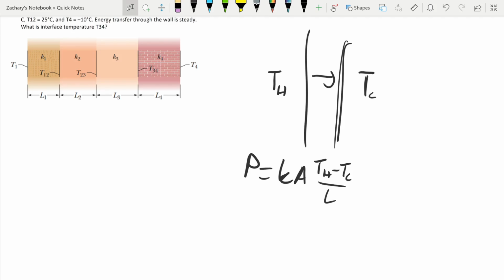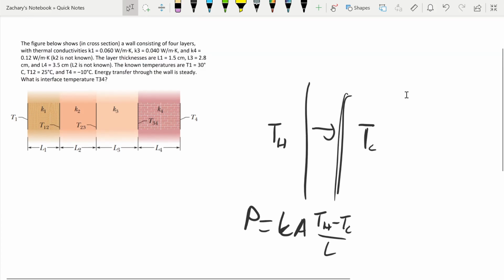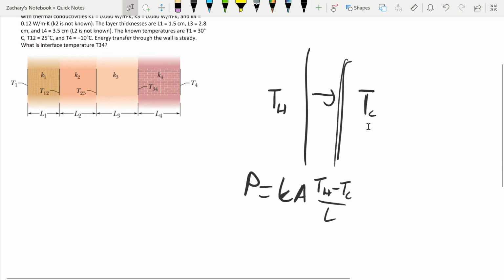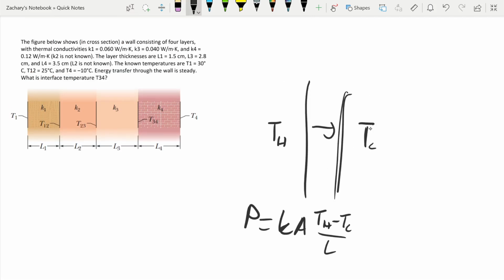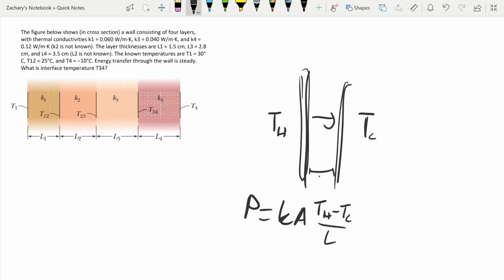K is called the thermal conductivity, which you might have noticed in the problem statement. K is determined by what material this slab is. TH and TC are already shown here. A is the surface area of the slab, and L is this length.